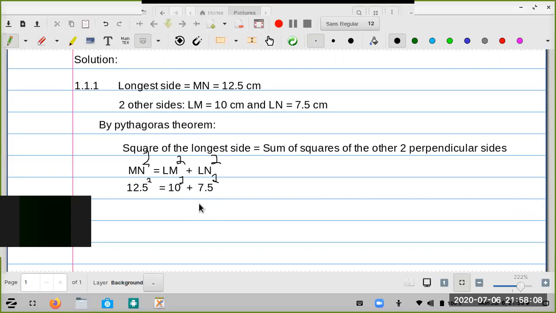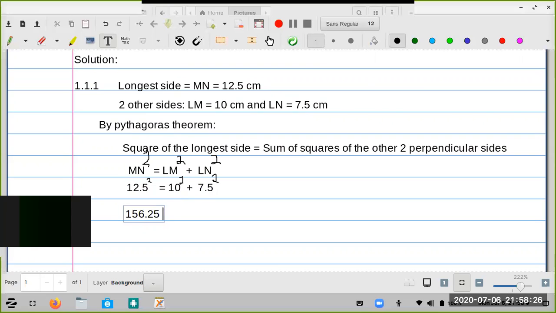Let's quickly calculate 12.5 squared. From my calculator, 12.5 squared is 156.25.